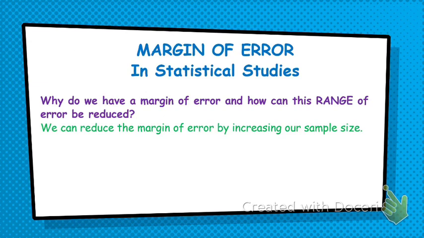So for instance, with the average height of men over the age of 18, rather than just doing the guys over 18 in my class, do the guys over 18 in the entire school, or go to the mall and collect data on 1,000 different guys that you think are over the age of 18. Increasing that sample size can reduce your margin of error.